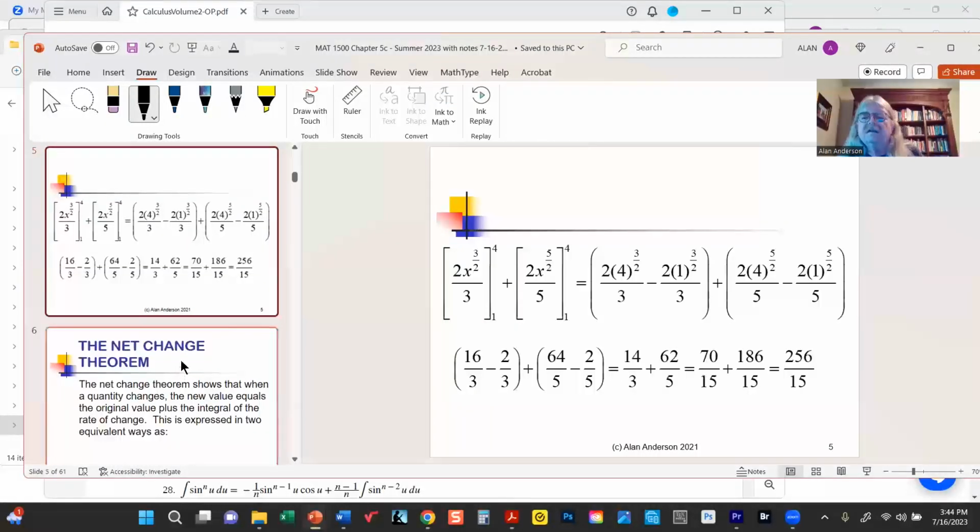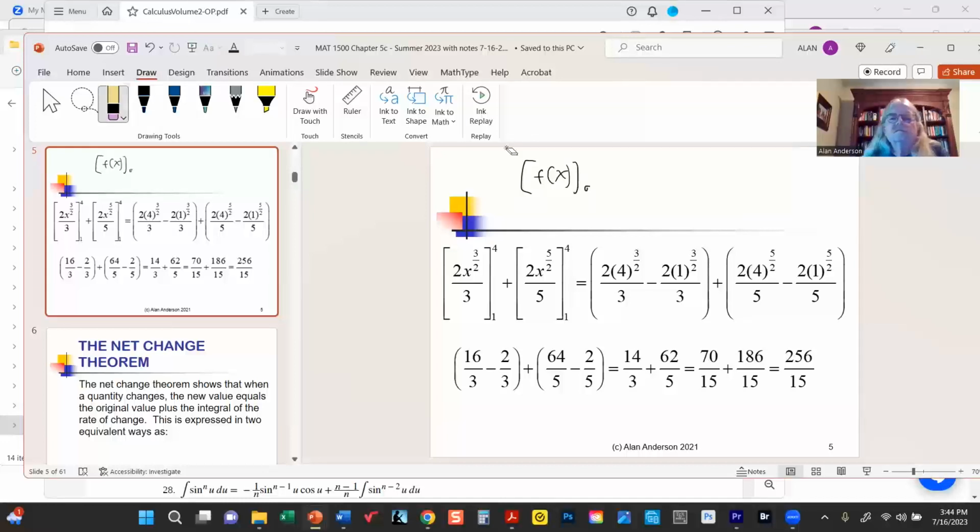So let's run through that. Of course, in this first case, I'm evaluating this function at 4 and 1 and subtracting one from the other. So in other words, no matter what function you have here, this is what you're doing.